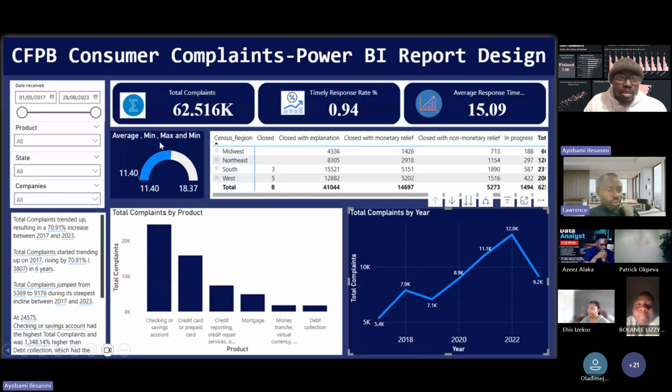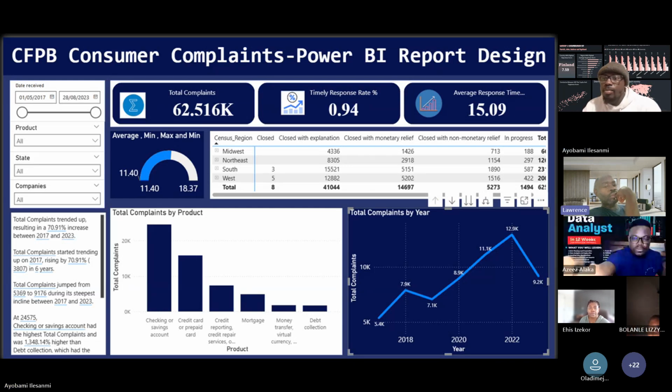So I did this gauge chart just to have insight into the minimum and the maximum average response time.